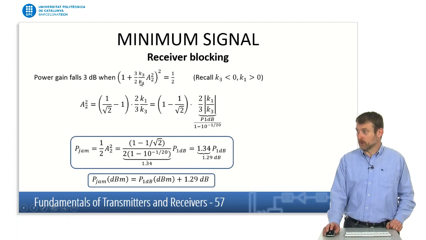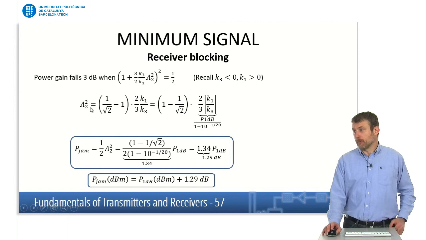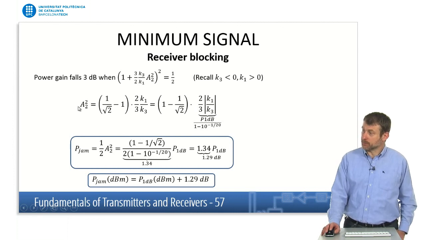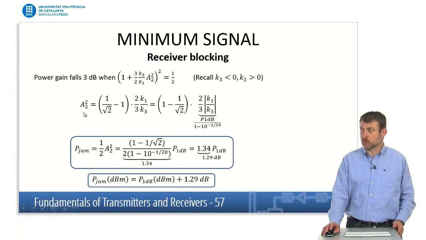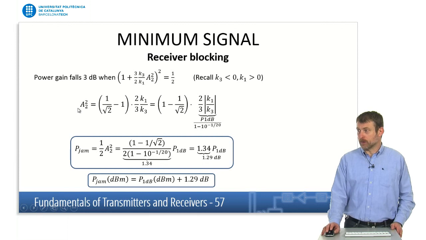This happens when this term is equal to 1/2, and this mathematical derivation is used to find out for what amplitude of A2 this power gain drop of 3 dB happens, right?